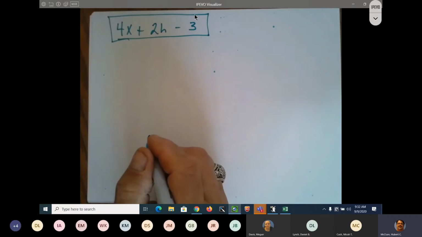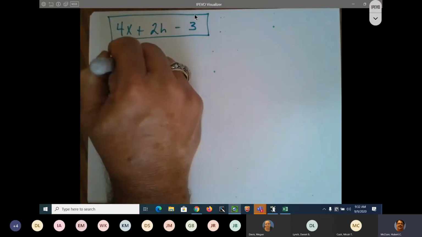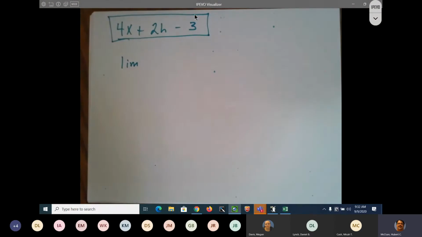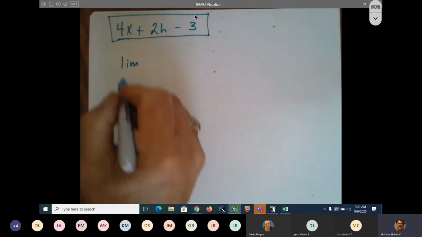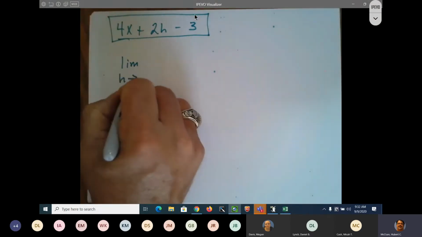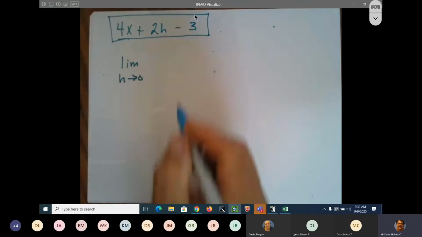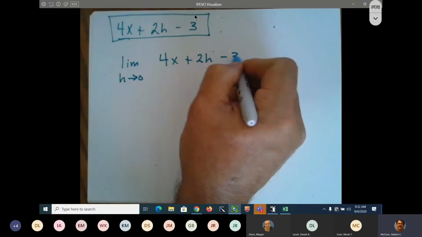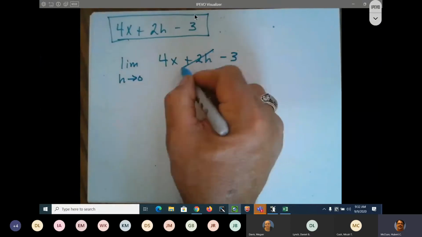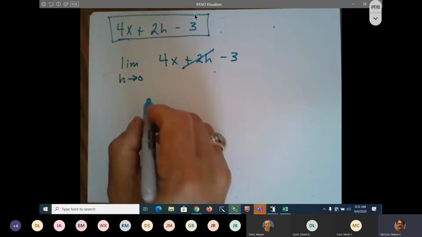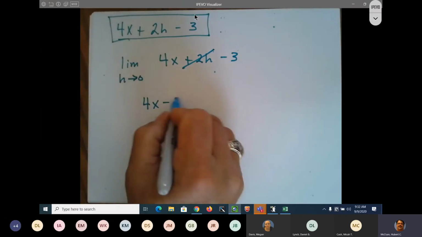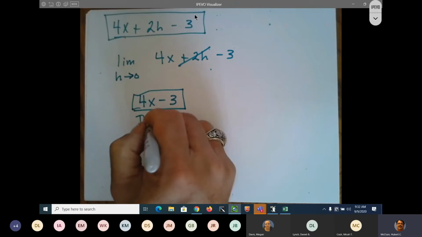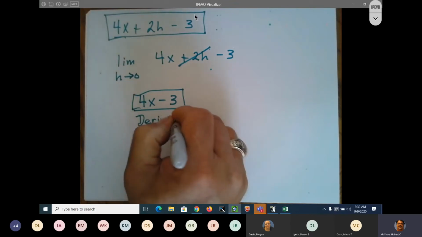In calculus, you're taught the limit theory. And I'm not going to go into it today because I don't need to. That's calculus. And h approaches 0. And that's going to take out, you'll write this. And what's 2 times 0? It takes out that h term, and that leaves 4x minus 3. And that is your calculus answer, which is called the derivative.